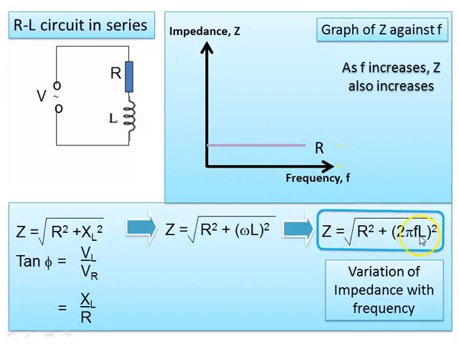If F increases, refer to the equation here, Z also increases. So therefore, the graph is an upward curve, or increasing curve.